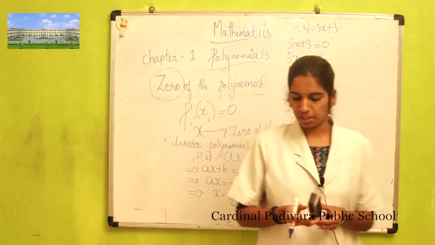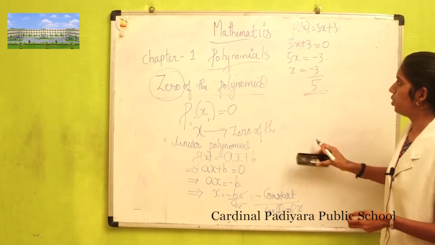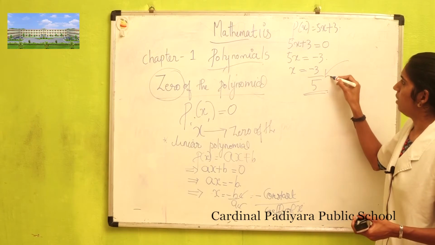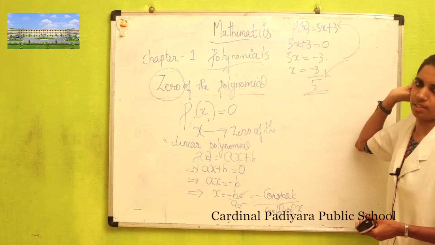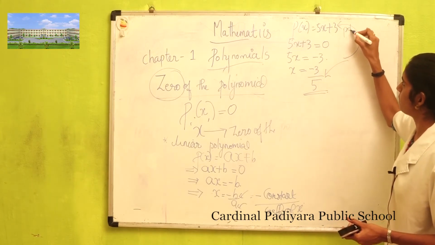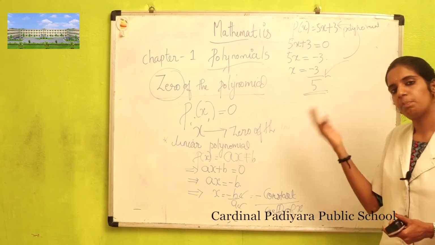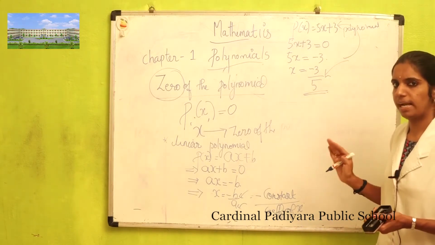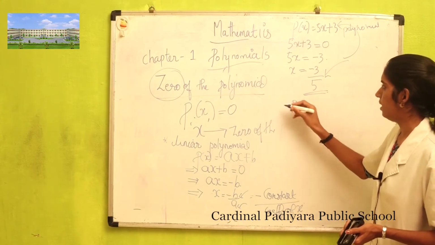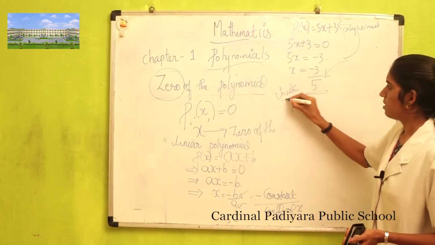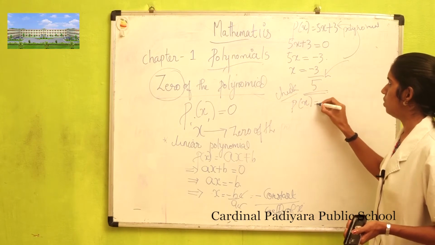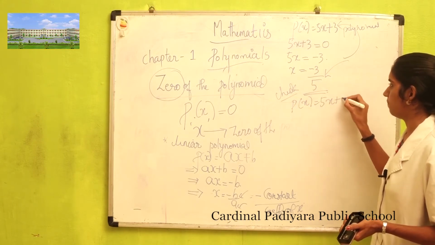So what is the zero of the polynomial? Its meaning is that when we substitute this value of x in the given polynomial, that polynomial becomes 0. That is the actual meaning. We can check it. Suppose P of x equal to 5x plus 3.